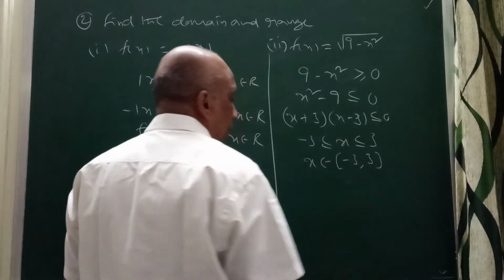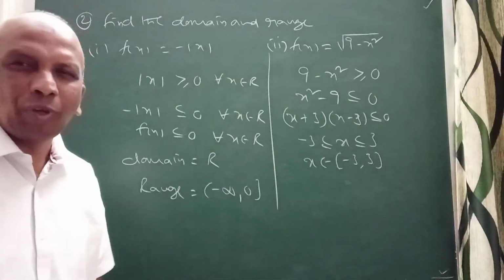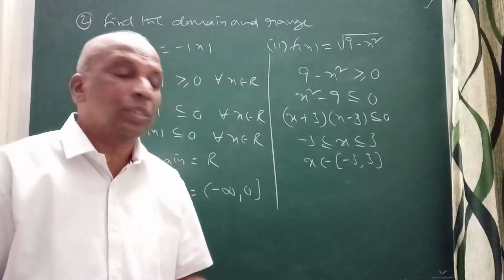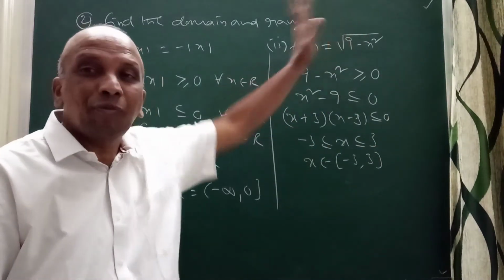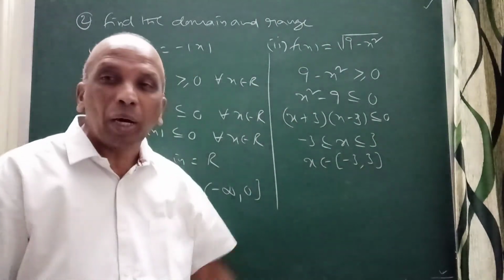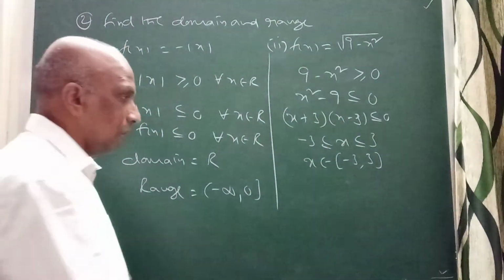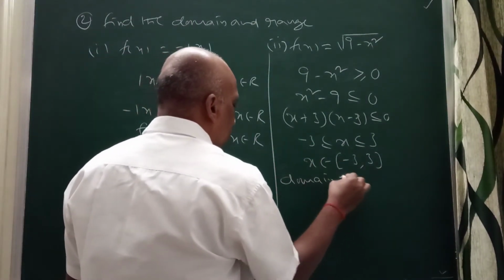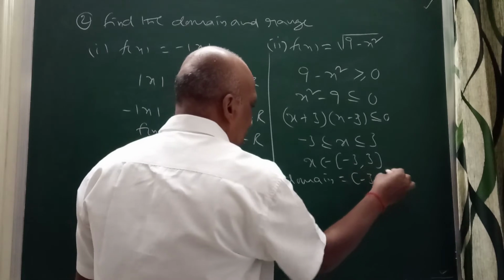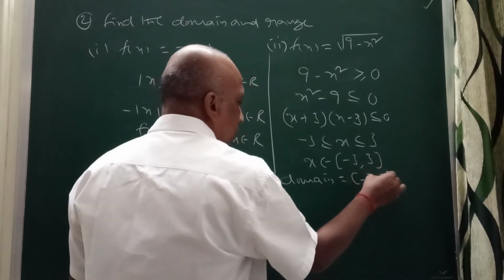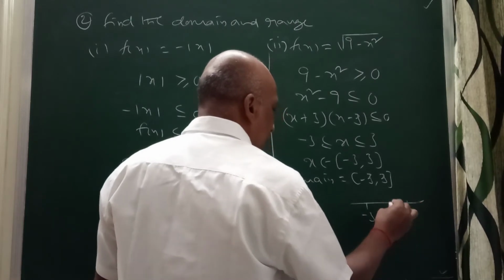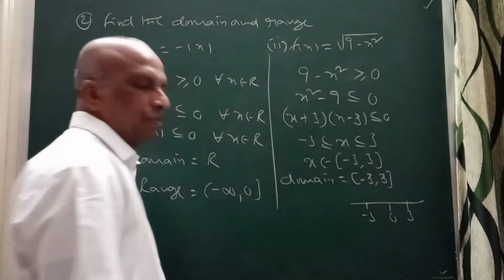So this is the domain. The domain is a closed interval, so the function value depends upon these two end values, minus 3 and 3. Clearly I can write the domain equals the closed interval minus 3 comma 3, and 0 is also there.